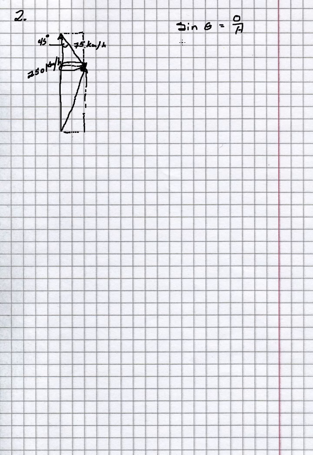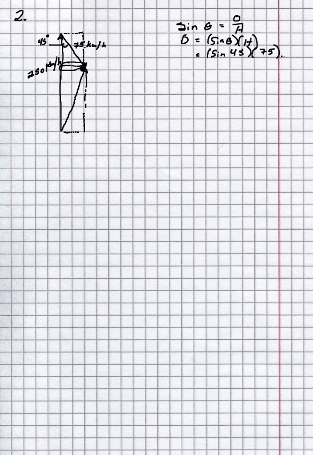All right, so we can rearrange that and get that the opposite is equal to the sine of theta times the hypotenuse, by multiplying both sides by the hypotenuse. The sine of 45 times 75. All right, so let's put that in.